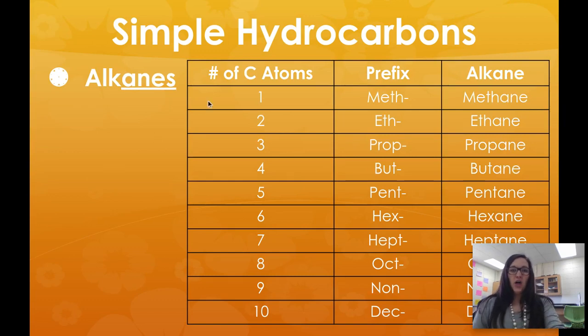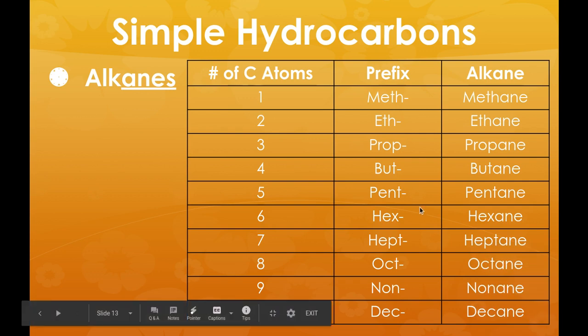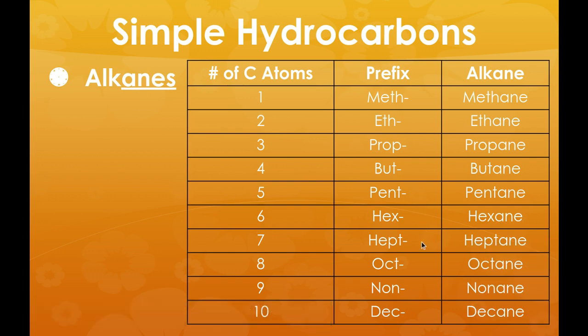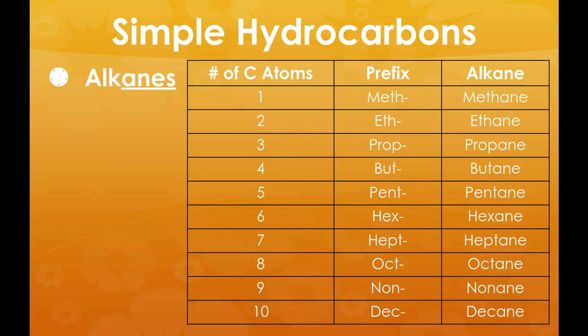If you have 1 carbon, you would name it methane. 2 carbons would be ethane. 3 carbons would be propane. 4 carbons would be butane, like the example that we drew. And then the rest of them go through penta, hexa, hept, oct, non, and finally decane if you have 10 carbons.